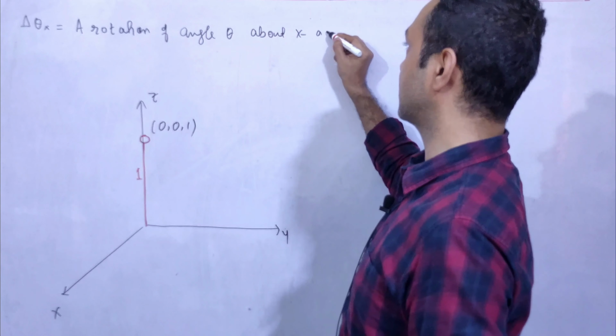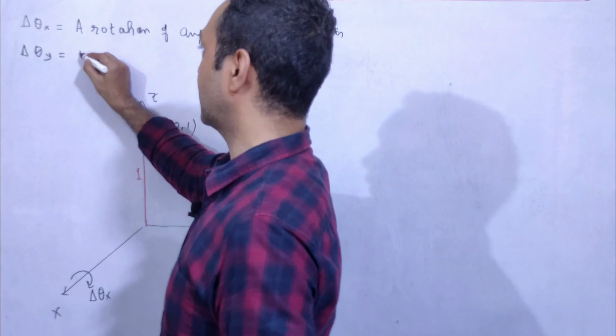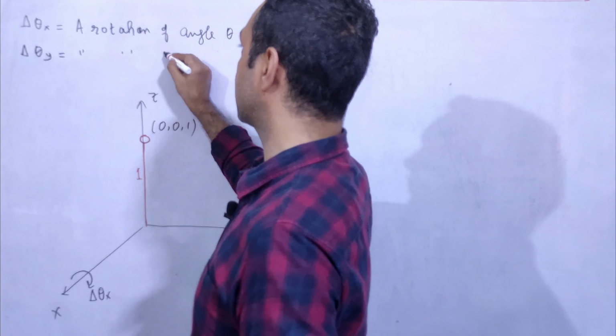Then I will give it a rotation of delta theta y, which is a rotation of the same angle theta, but about y-axis and along this direction. So that would be the rotation delta theta y.